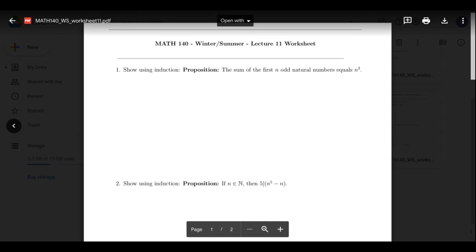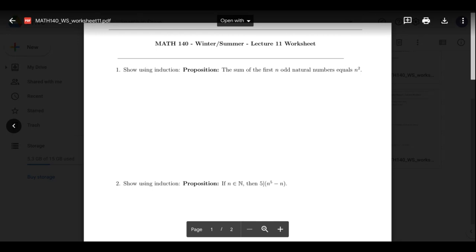Remember, P of 1 is a statement. P of 1 means n equals 1, and 1 equals 1 squared. That's P of 1. P of 1 is a statement: if n equals 1, 1 equals 1 squared is true.